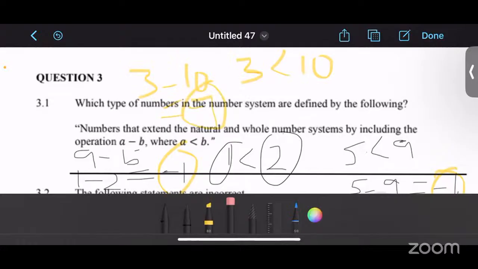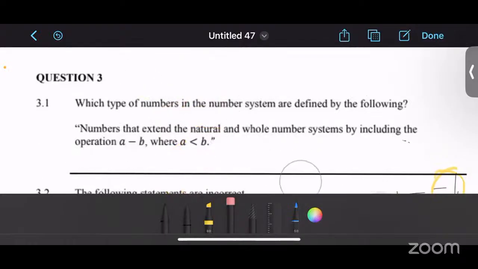So we can now conclude that the types of numbers are integers, because they are negatives, and they extend the natural number or whole number system. Is that clear? So it's integers.